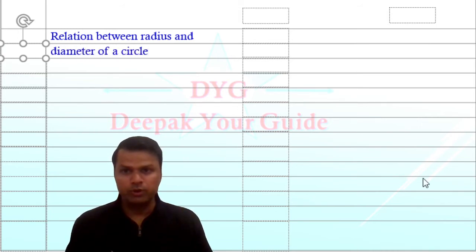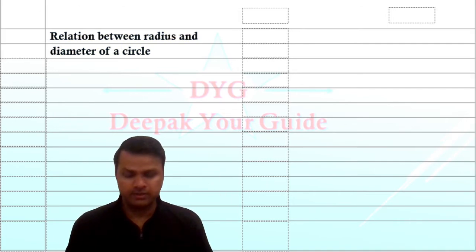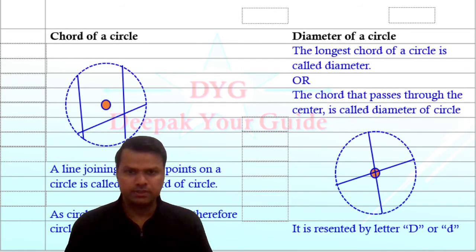Now this is what you want to understand. I'm sure you may have got the idea by looking at the figure. Let me get the same figure here. See, this is the figure that we have.